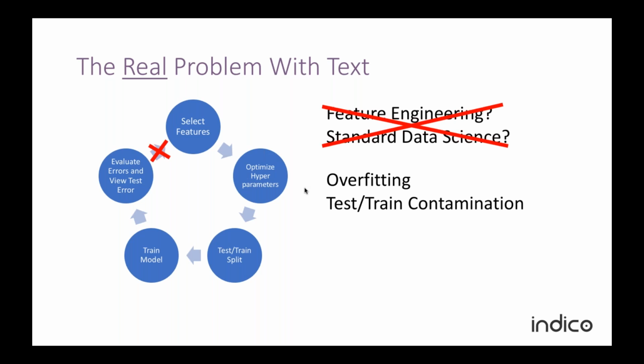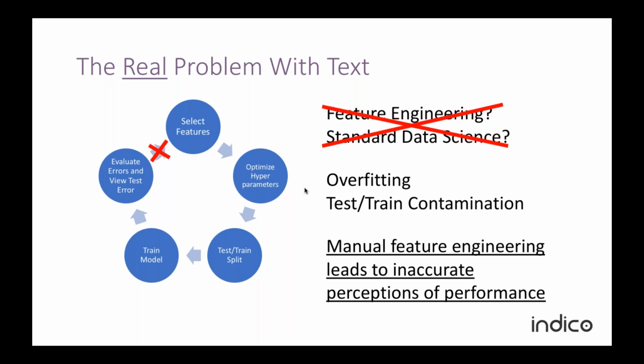If a computer did this, if this were your model training process, it would be immediately obvious this is not an appropriate data science flow. It means that even if you end up with something that seems to work, it does not actually work, and you're vastly over-reporting your accuracy. It means you're overfitting, it means you've got test-train contamination, and fundamentally, this is where you end up when you do manual feature engineering.